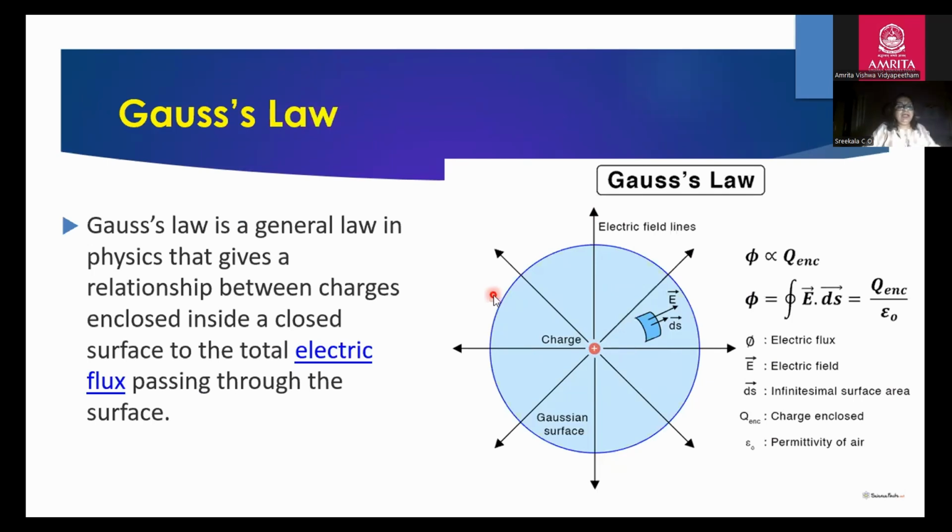Usually these surfaces are taken in such a way that they reduce the complexity of the problem. Around a point charge, usually we take a spherical Gaussian surface. If it is a line of charge, we take a cylindrical Gaussian surface. Anyway, a Gaussian surface is an imaginary closed surface, taken in such a way that it reduces the complexity of the problem.